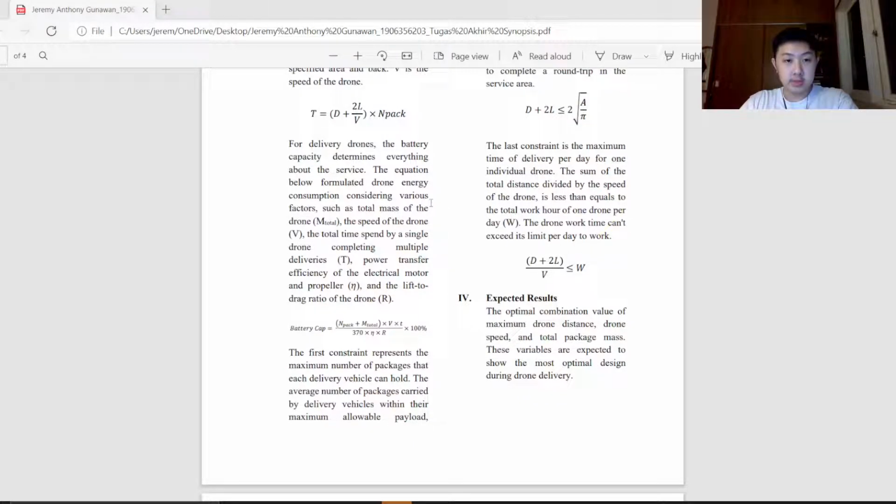For the drones to make the delivery, the battery capacity determines everything about the service.